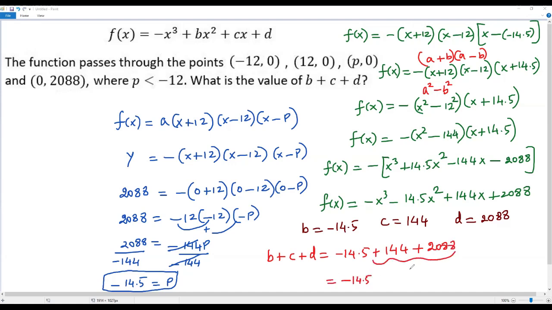Since these two values are positive, when I add 144 and 2088, I am getting positive 2232. So when I combine negative 14.5 and positive 2232, I am getting positive 2217.5. So the value of b positive c positive d is 2217.5.